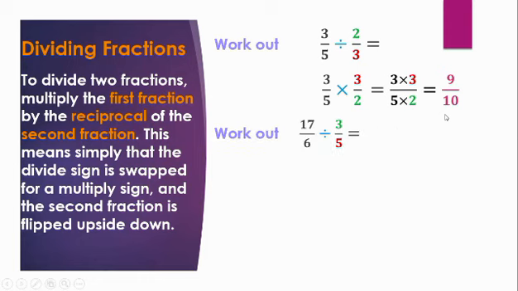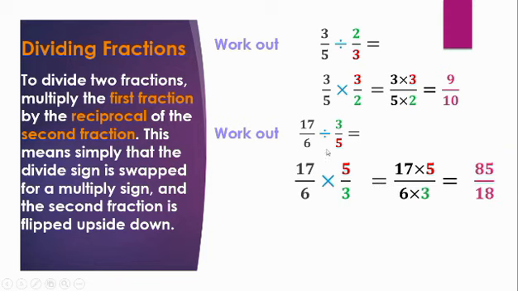Let's take another example. Work out 17 over 6 divided by 3 over 5. So the first fraction is without change, and we change from division into a multiplication sign, and the second fraction we flip upside down.